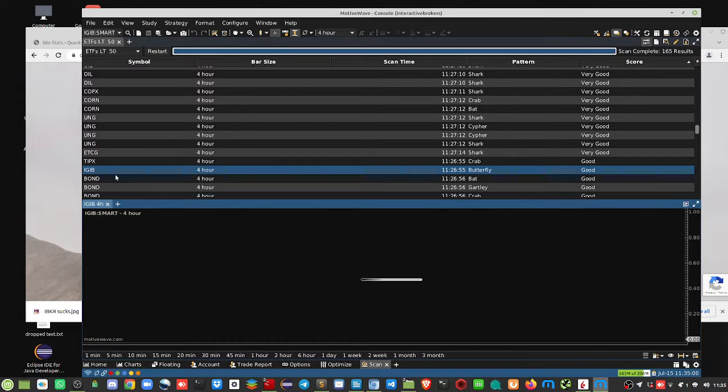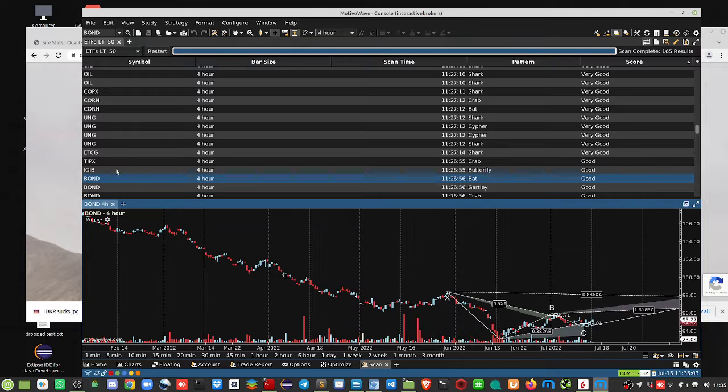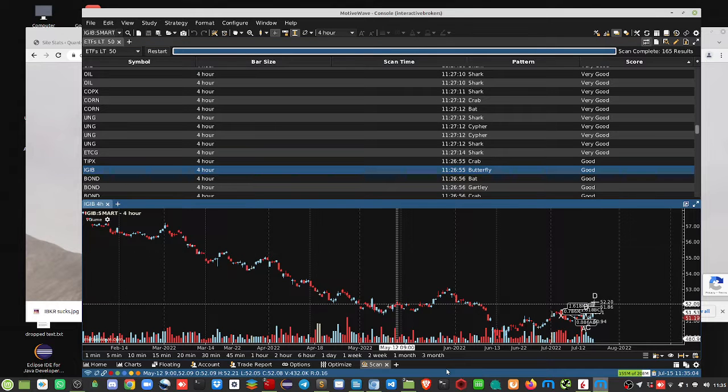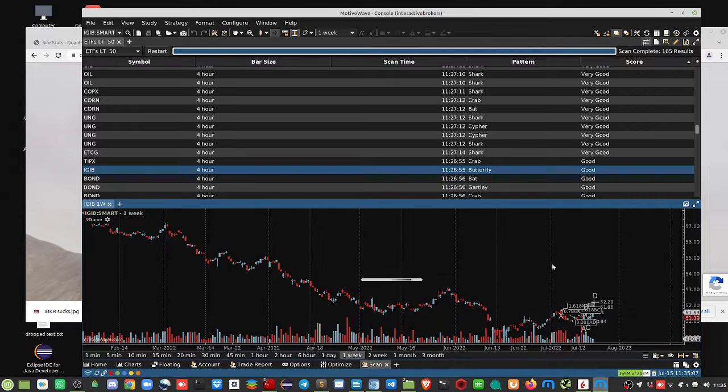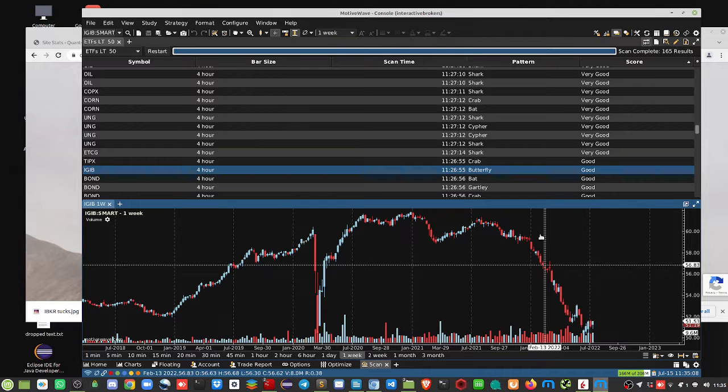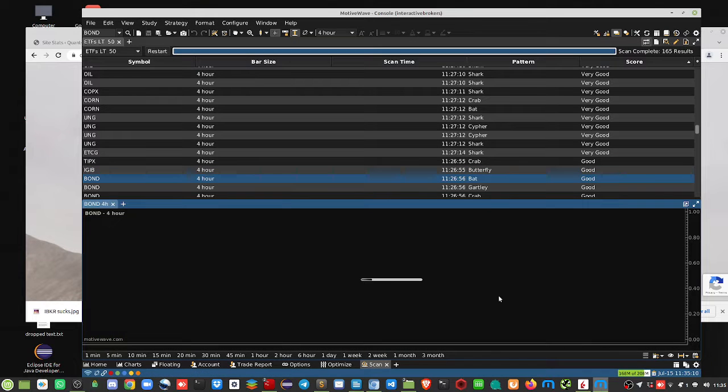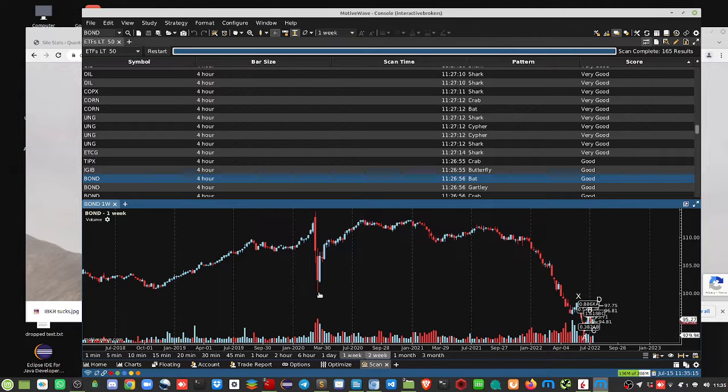But generally, things are still not looking good. Let's look at this one. Just that general decline. This is a bond, just to show you the weekly. Stable and it's just dropped off.